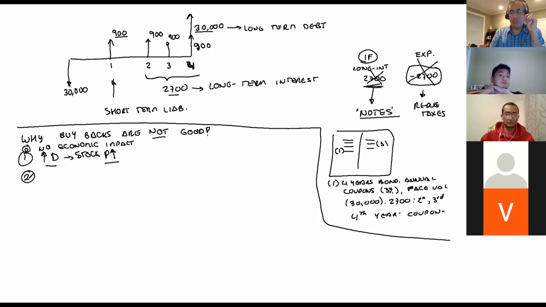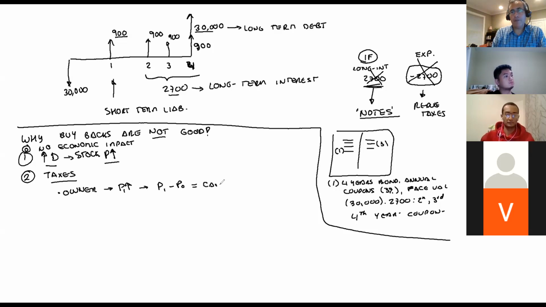Another reason that is very important, guys: taxes. Let me explain how this works. Imagine, guys, that you are an owner. If the stock price goes up, the difference P1 minus P0 is my capital gain.